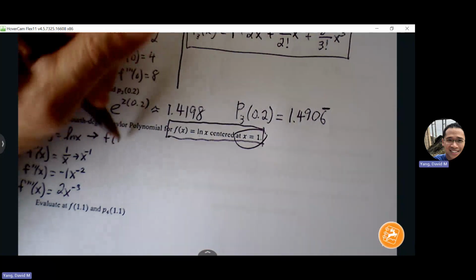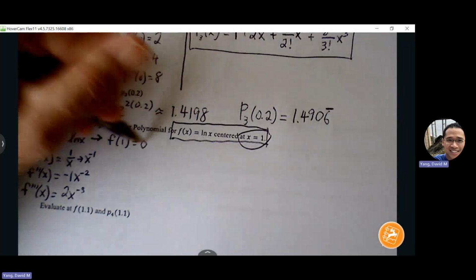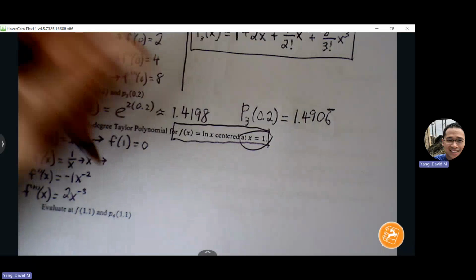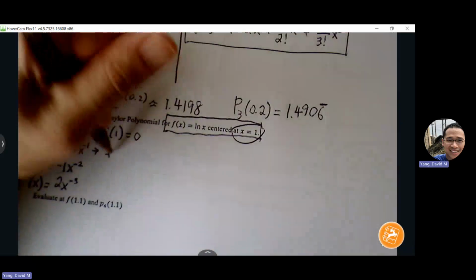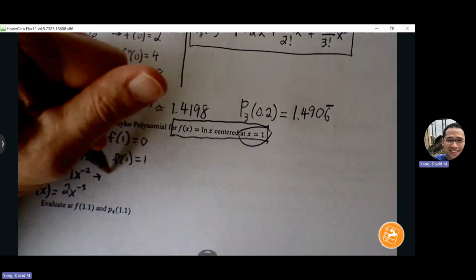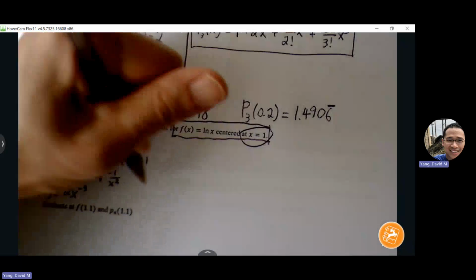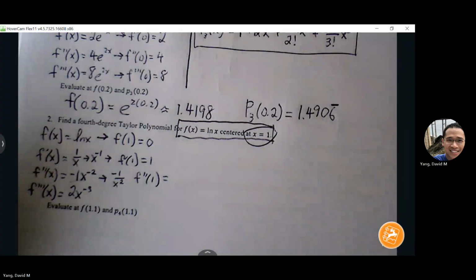So f of 1, what's natural log of 1? 0. Then 1 over x, so 1 over 1. f prime of 1 is 1. Let me clean this up here. This is -1 over x squared. f double prime of 1 is equal to -1.